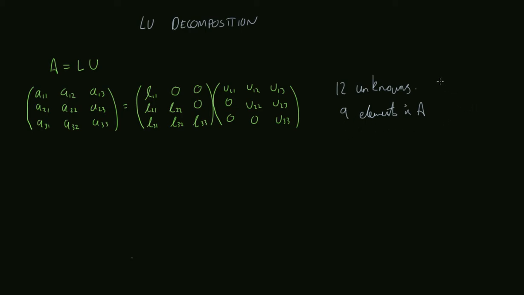So what we do is we let the main diagonal elements of L, Lii, equal 1. That reduces the number of unknowns by 3, so we've got 9 unknowns and 9 elements in A.